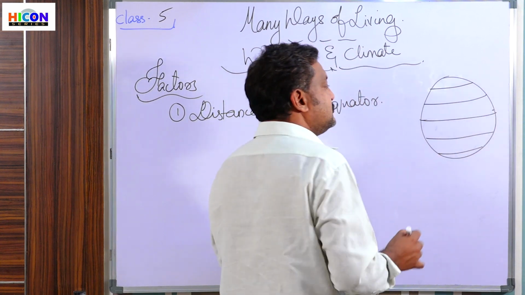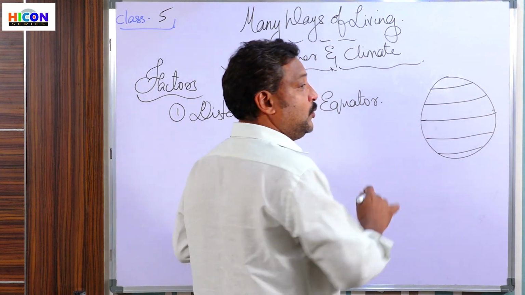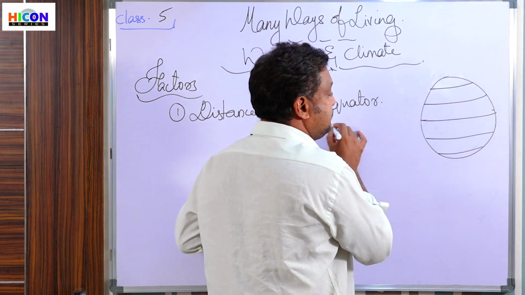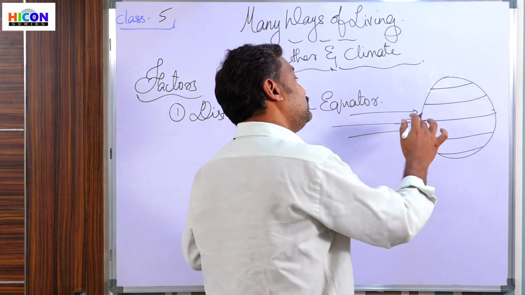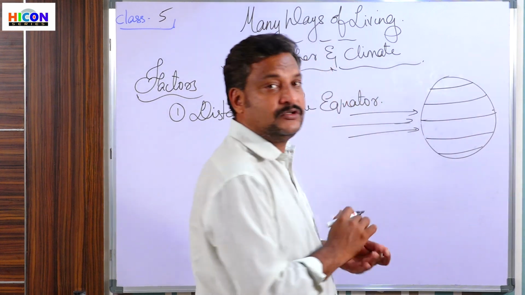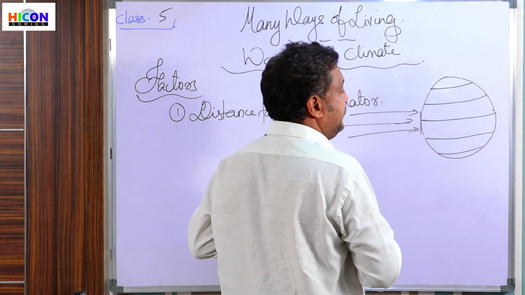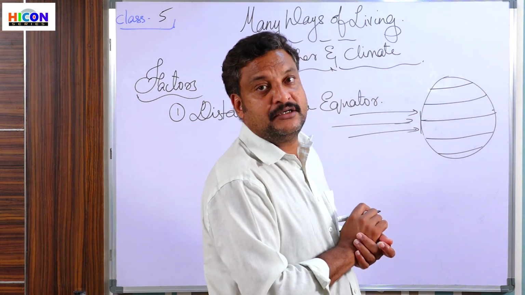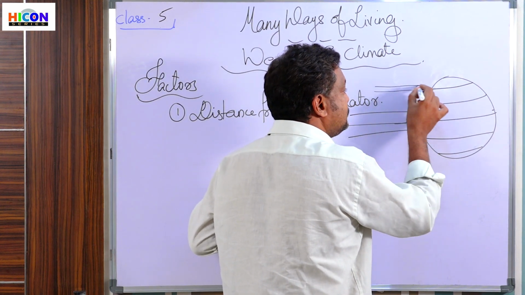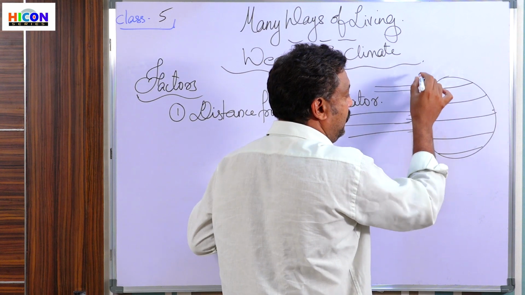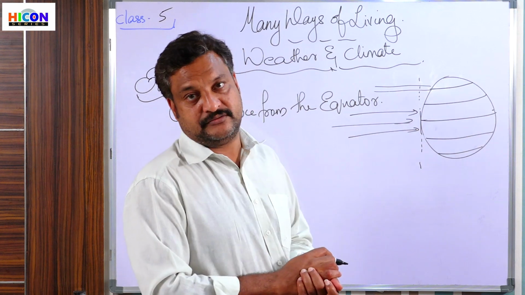Okay, so this region around the equator receives very high sunlight, isn't it? When we go north or south, what happens? See, this is where we receive the sunlight around the equator, but on top, the sun rays have to travel a lot more than how much they have to travel to reach the equator.